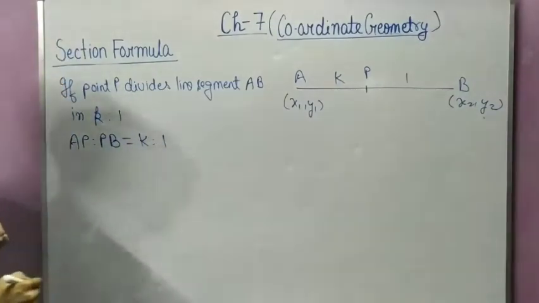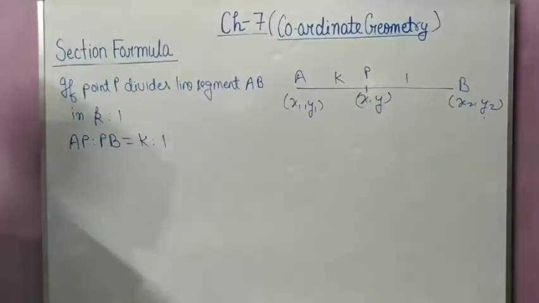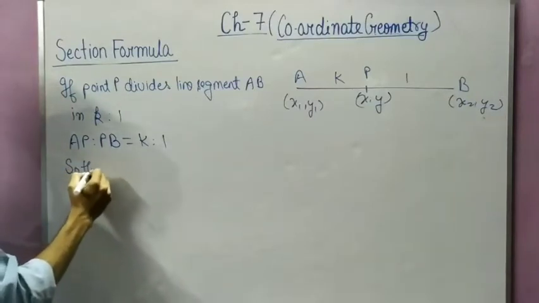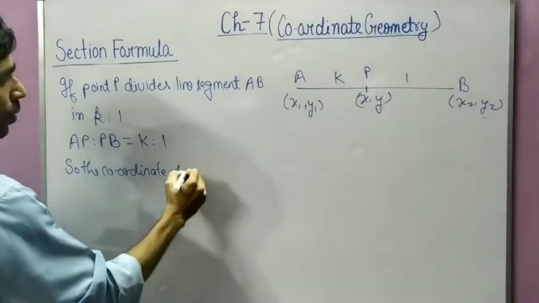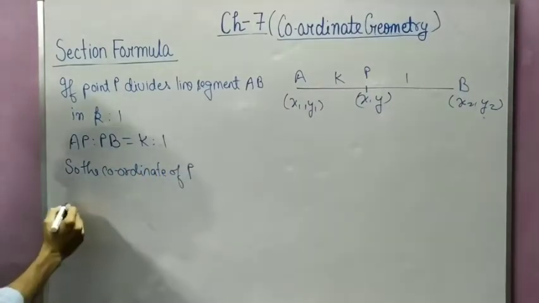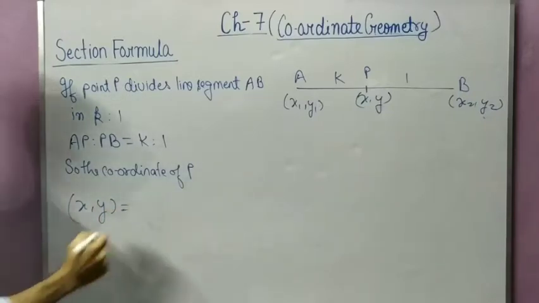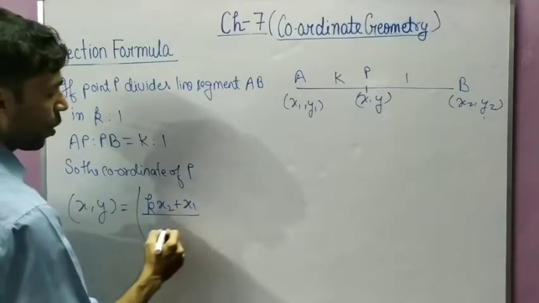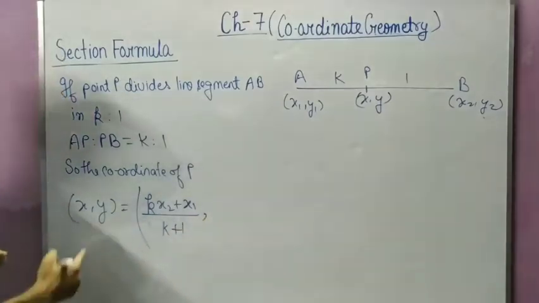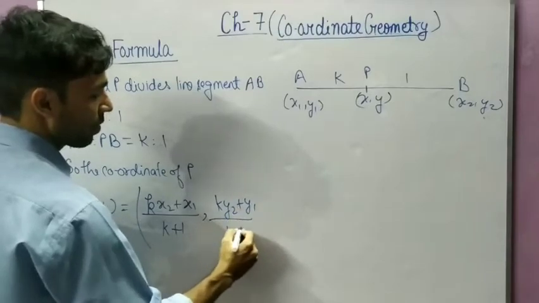Okay, so in this case, student, what will be the coordinates? So the coordinates of P, that is x comma y, will be what? In place of x, what will be there? Kx2 plus x1 upon k plus 1, comma, in place of y, ky2 plus y1 upon k plus 1.